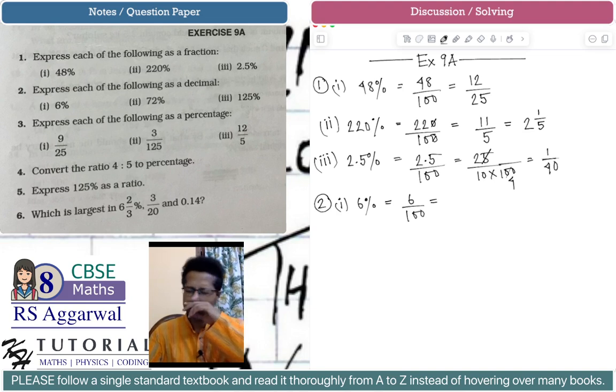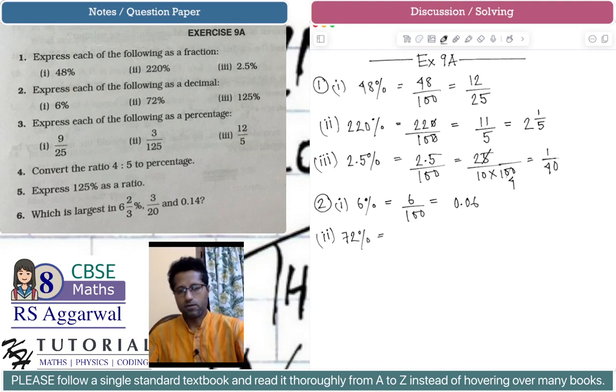When you express 6 by 100 as a decimal, it will be 0.06. So 0.06 is the decimal equivalent of 6 percentage. Part 2 is 72 percentage.